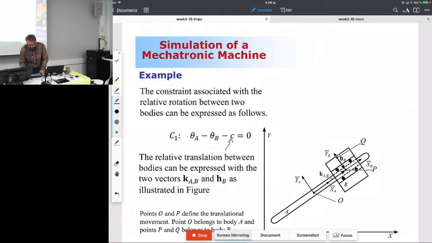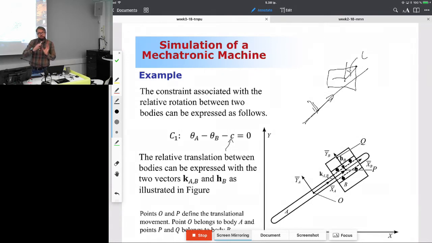Let me explain. If you have a beam-like body, and then the box-like body is oriented like this. Hold on. This is my body coordinate system. This angle here is C, telling how much they are separated in the initial configuration. All right? So that's the first constraint. The second constraint is a little bit of a headache.